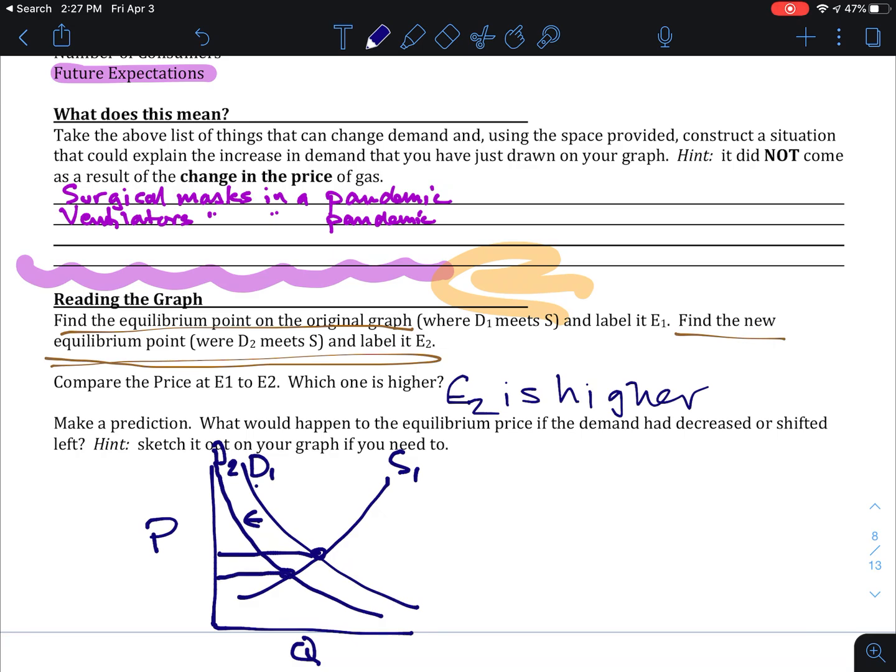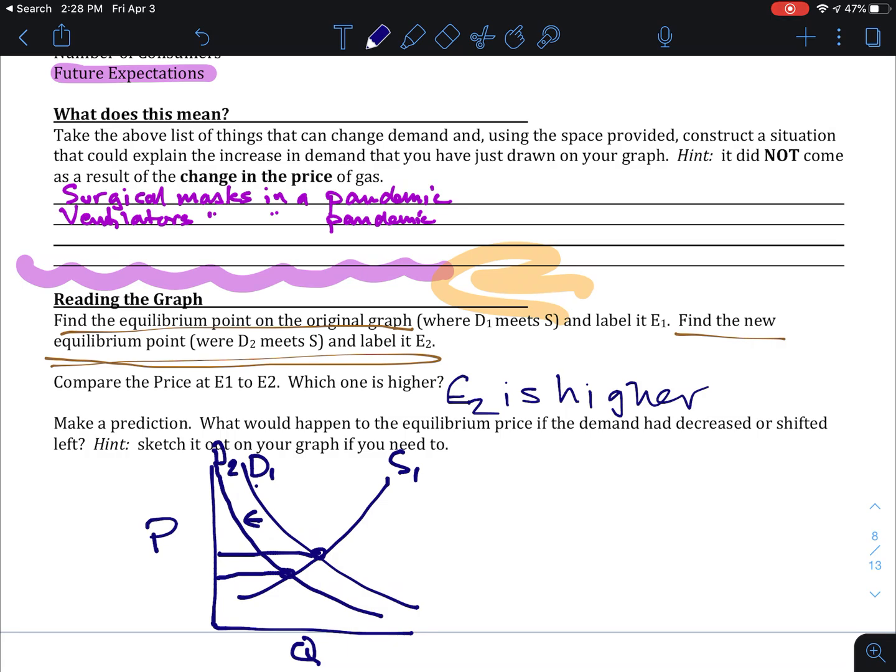That actually is exactly what's happened with the price of gas right now. On the one hand, you've had some changes in the supply, and that's true. But on the other hand, people just aren't driving anywhere. I can go out on my usually busy road, and there are no cars. I'm not commuting to work.